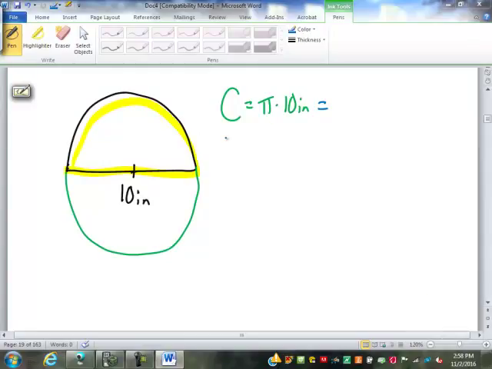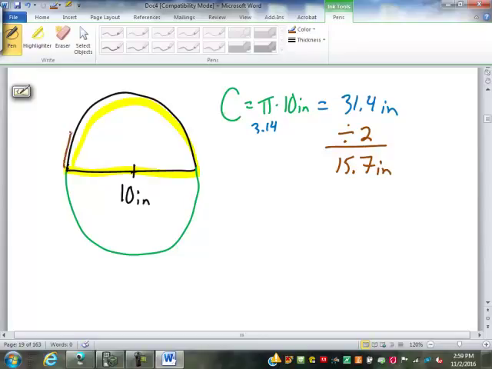So if we start out with the circumference of a full circle, it would be pi times 10 inches, which is 31.4 inches. Number pi is 3.14. But that would be the full circle, and we only have half the circle. So we will divide by 2, get 15.7 inches, which goes around here.